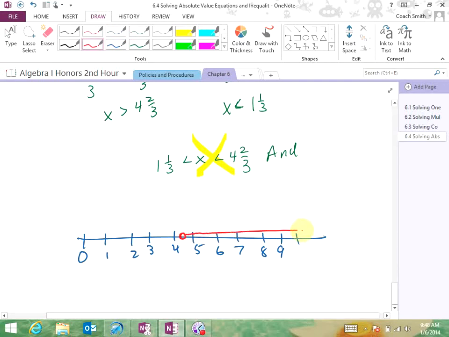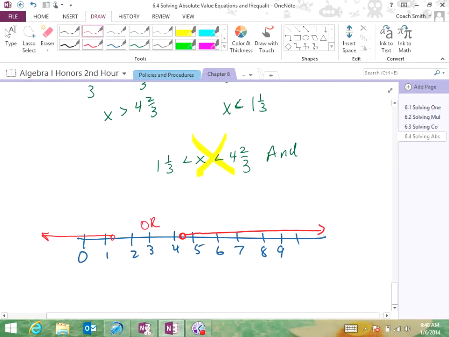That would be that. x is less than 1 1/3. So, there's your OR statement.